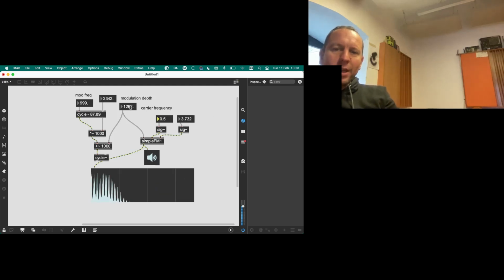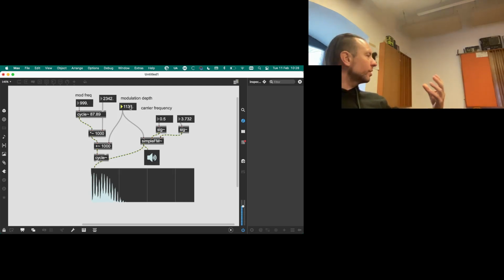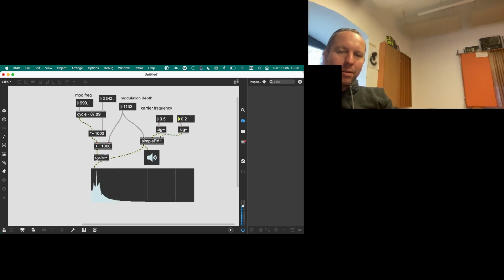Okay, so you see what happens is that the timbre stays the same independent of changing the pitch. Right? And if I change the modulation index, I'm actually introducing higher order sidebands, but it's a robust thing in terms of the carrier frequency.